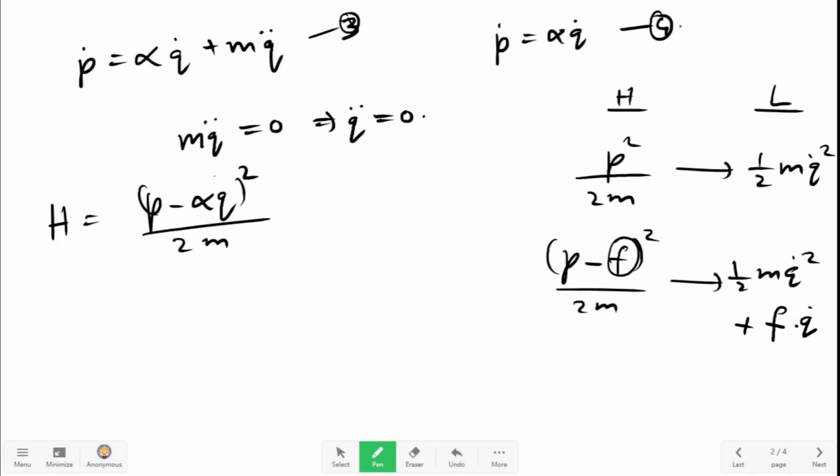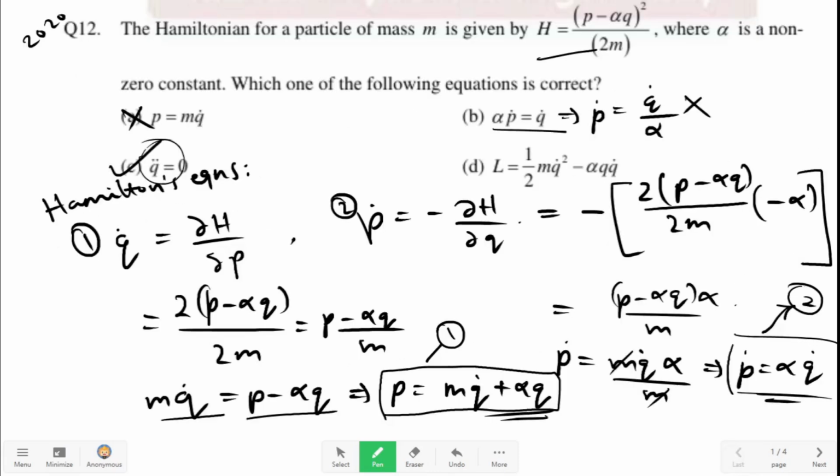The function that is subtracted in the given Hamiltonian is alpha q, so we will multiply it with q dot and then add it to the 1 by 2 m q dot square, which corresponds to p square by 2m. Then we will get the Lagrangian. The Lagrangian that we are given in option D is 1 by 2 m q dot square minus alpha q q dot. So here it is actually plus, therefore this option is incorrect.